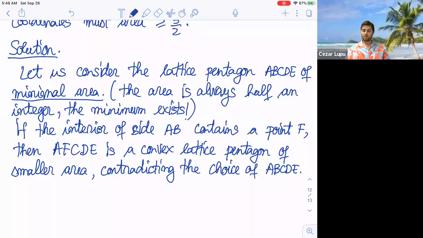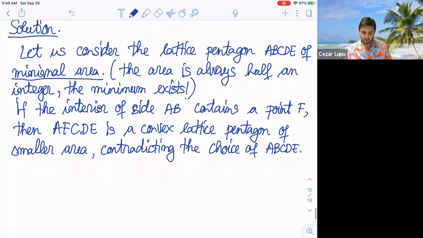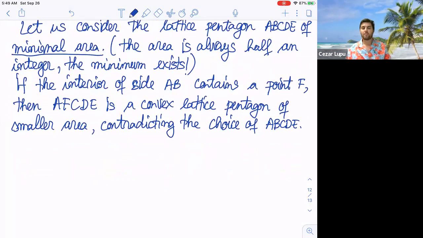All right, that's great. So at this point, we know that there is no way we can have an interior point of any of the sides of the pentagon. So now we can apply this argument to each side.